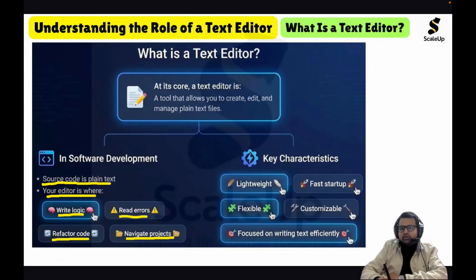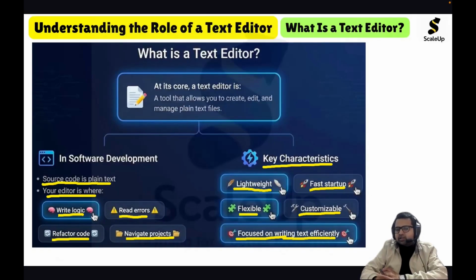The key characteristics of a text editor: it is very lightweight, with fast startup, very flexible, customizable, and focused on writing text efficiently. It provides features and tools using which you can very easily manage the text. So that is a text editor.